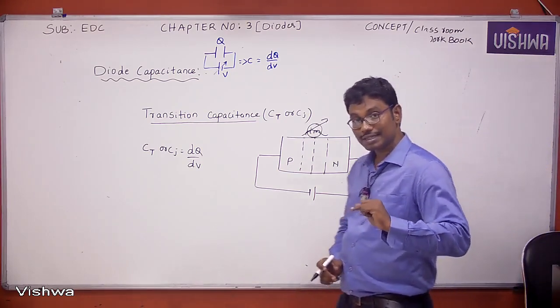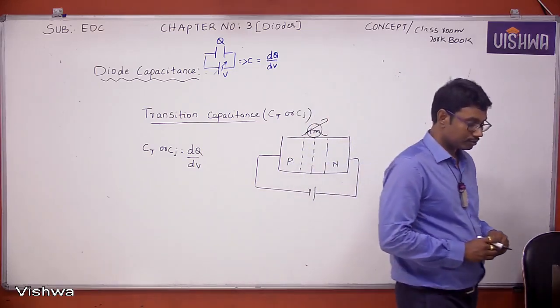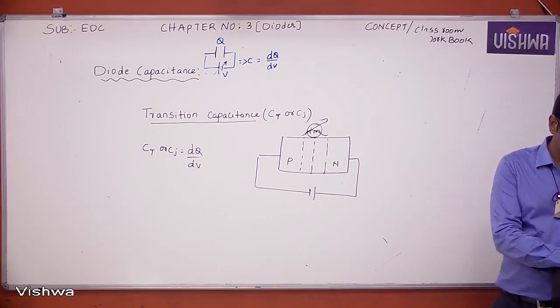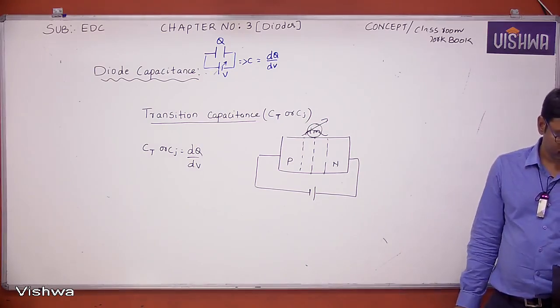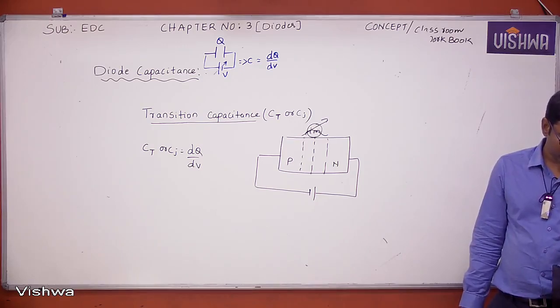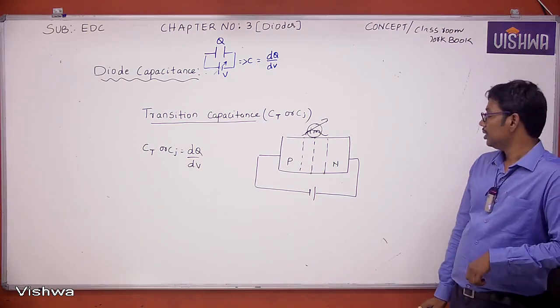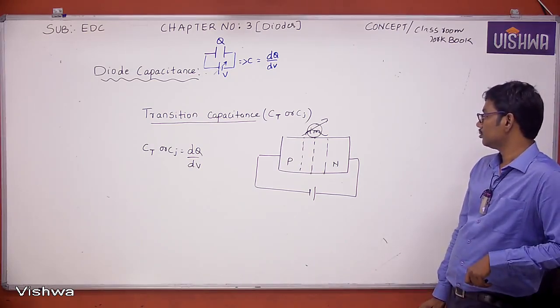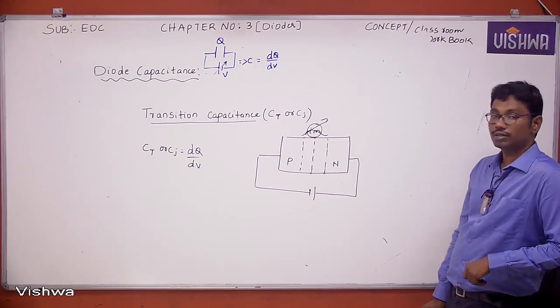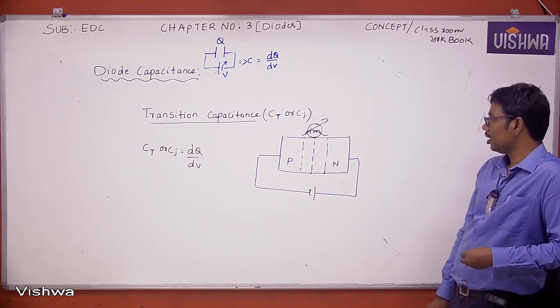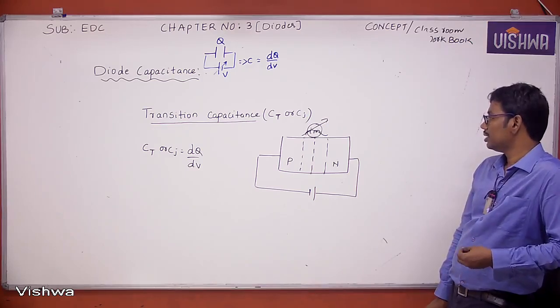When the reverse voltage is increased, then the depletion region increases. That is, the immobile charge within the depletion region is increased.